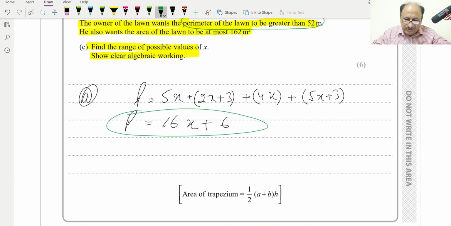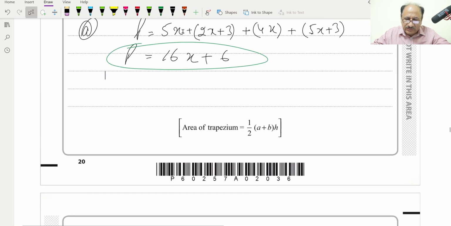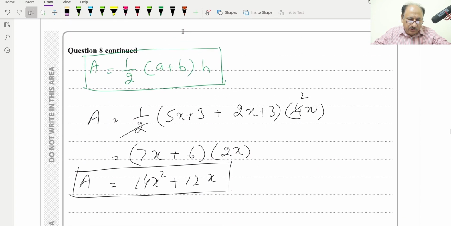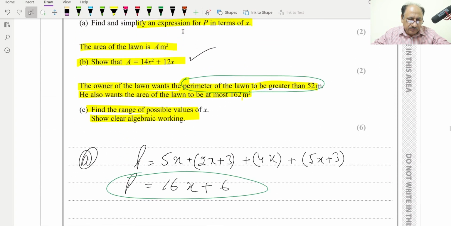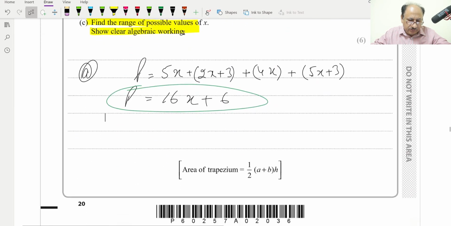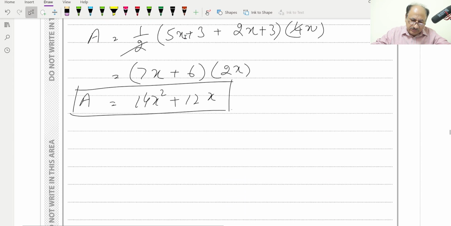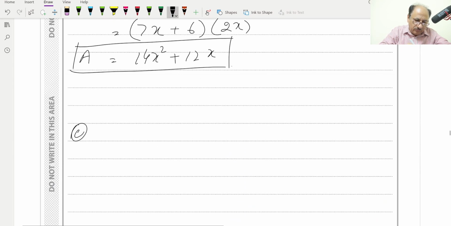So 16x plus 6 should be greater than 52. So this was our B part, and now we are doing C part. We can solve over here, and perimeter is 16x plus 6, and by the condition of the question it should be greater than 52.